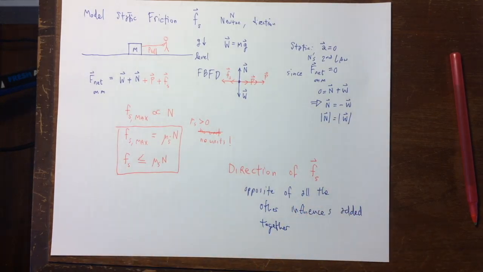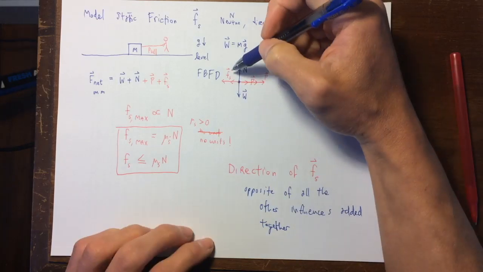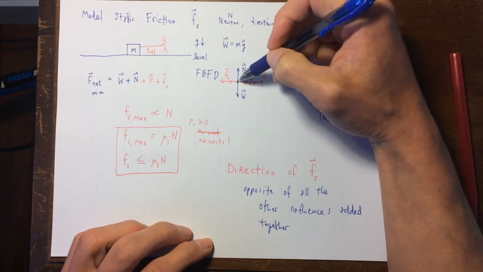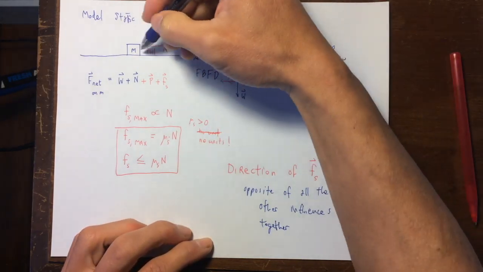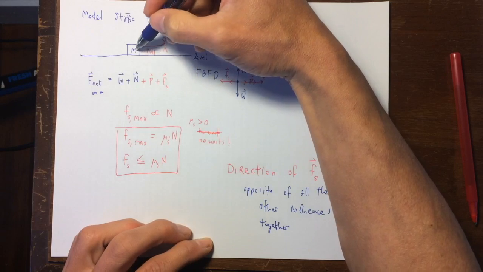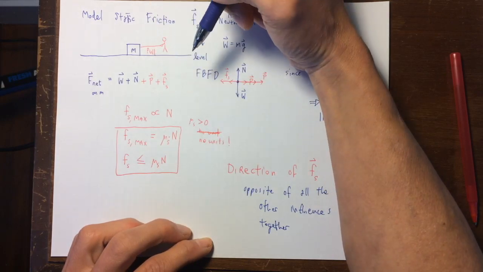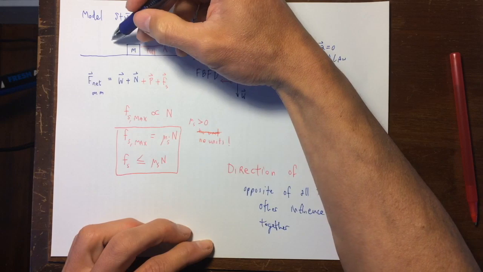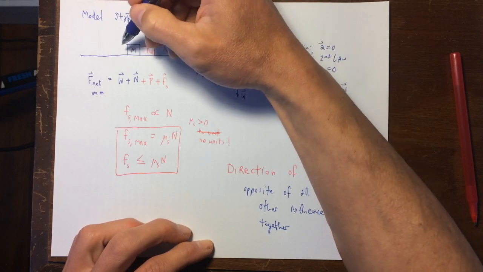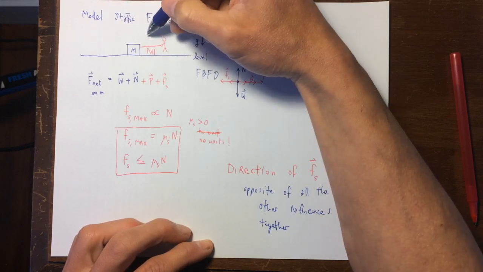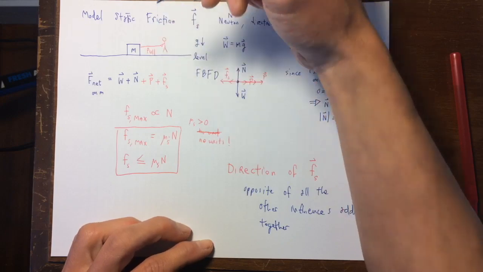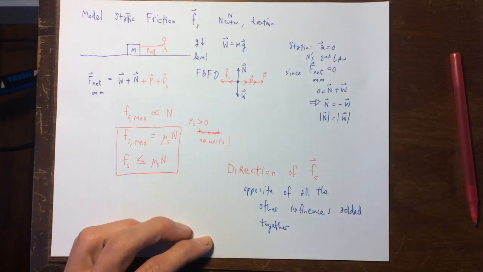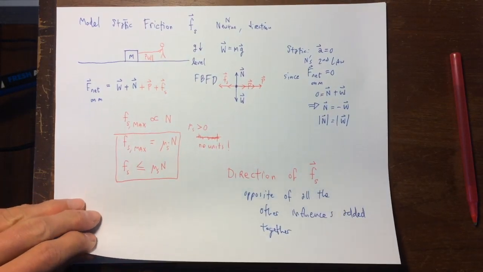Yeah, it's just in the other direction. So you see this friction force here, I drew it to oppose the pulling force. If I had a few people pulling in different directions, say along the level ground, then the static friction force would just have to add up to be the opposite of the summation of all those pulling forces on the other side. Okay.